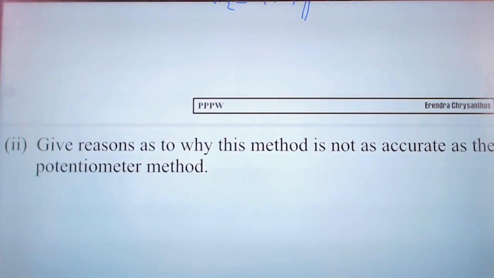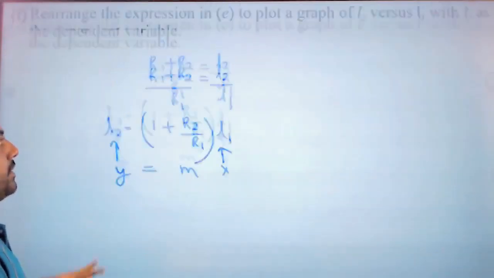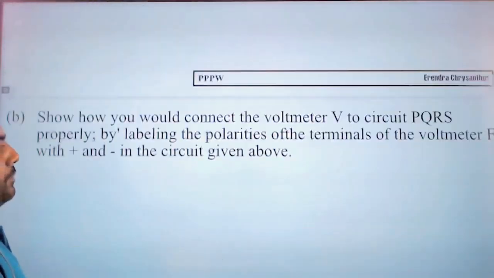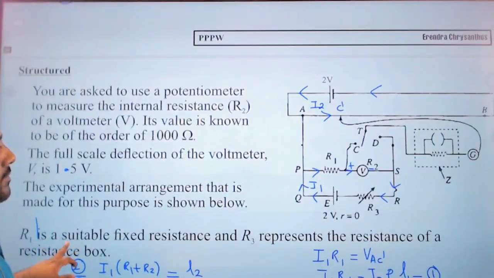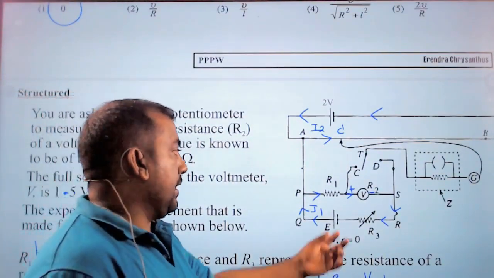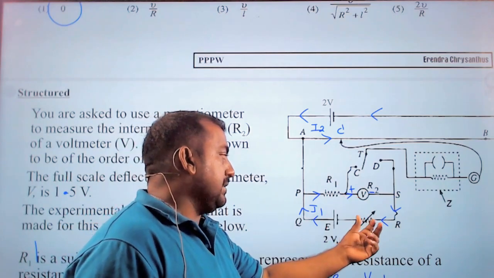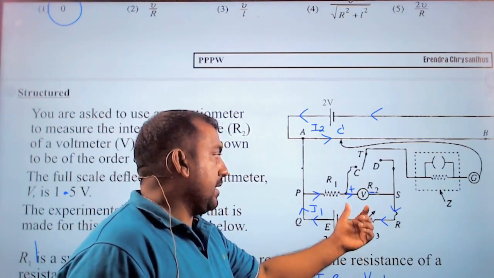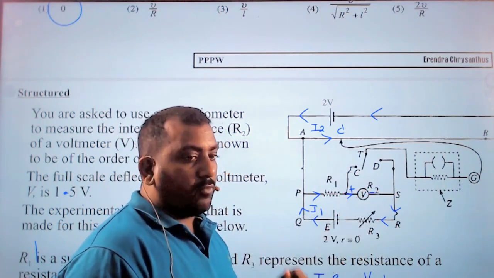Give reasons as to why this method is not as accurate as the potentiometer method. What are the failure points of this method? Now what's happening? You have to change this resistance until the voltage here is 1 volt.